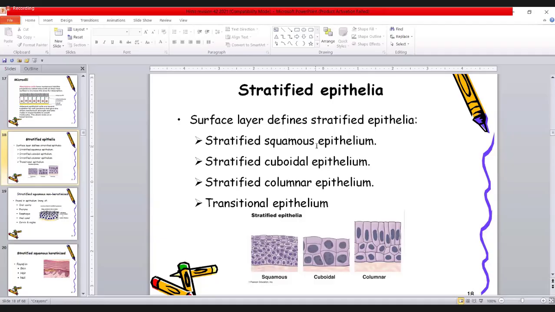Tell me a few other points about this epithelia. What are the typical features of stratified squamous non-keratinized epithelia? Where do the cells get produced, since there's more than one cell layer? From the basal layer. So what would you see in the basal cell layer histologically?